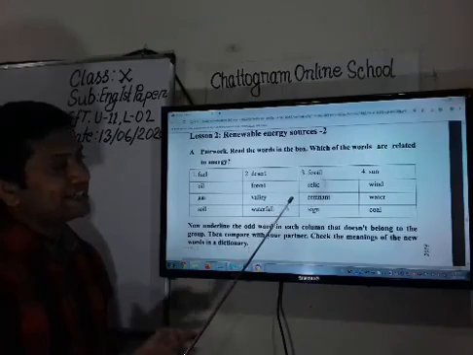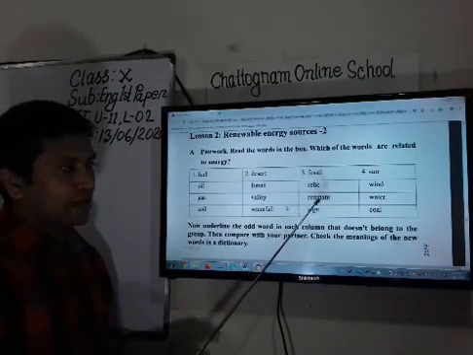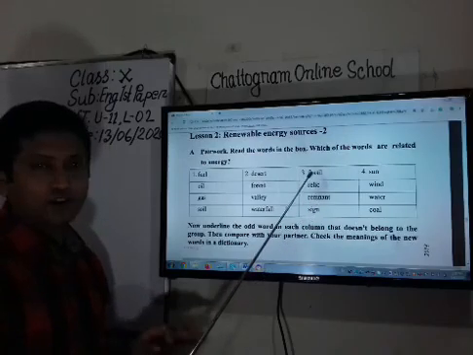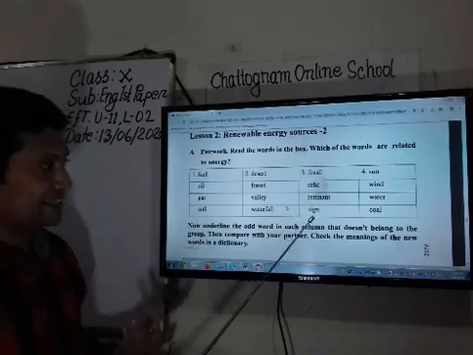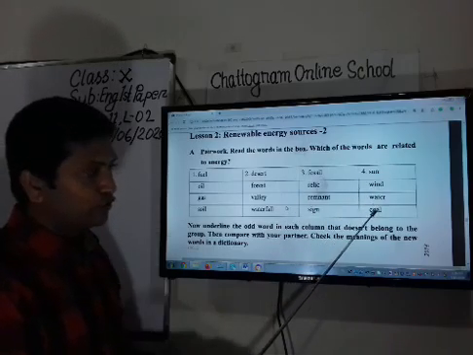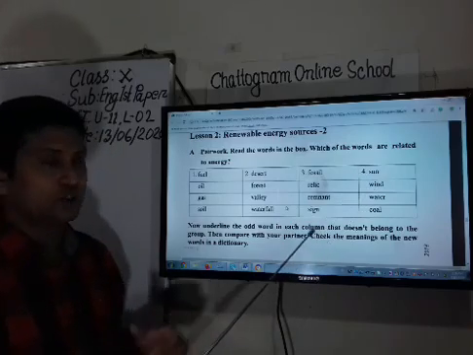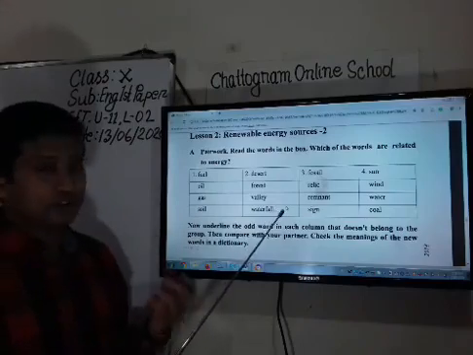In the third column we see fossil, relic, remnant and sign. Here fossil only is related to energy. And in the last column we see the sun, wind, water and coal. All of these are connected with energy. That means we have completed question number 1.